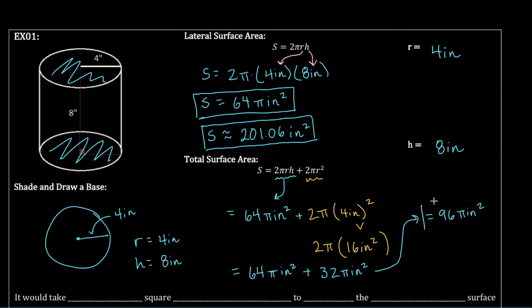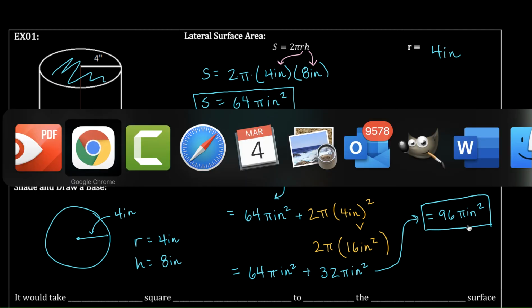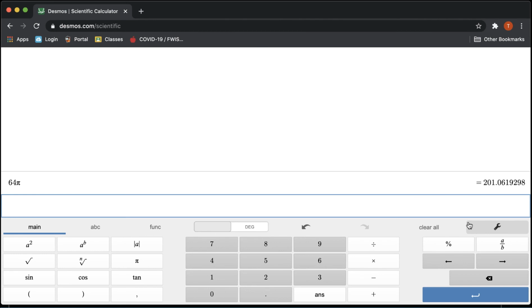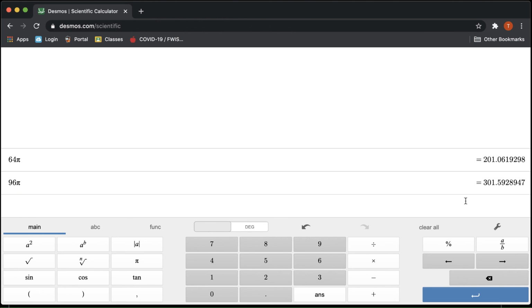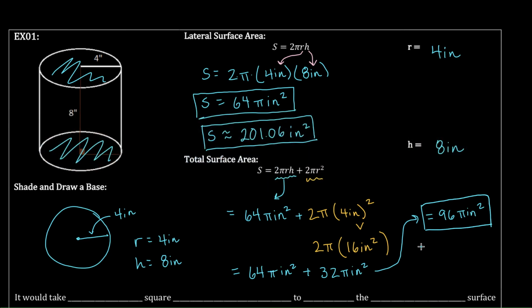This is one of my exact answers. Let's go ahead and get an approximate answer. 96 pi. So 96, and I'll push pi this time. So approximately 301.59. So this is approximately 301.59 inches squared.